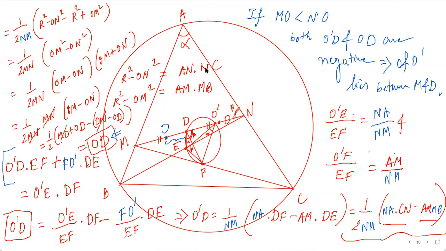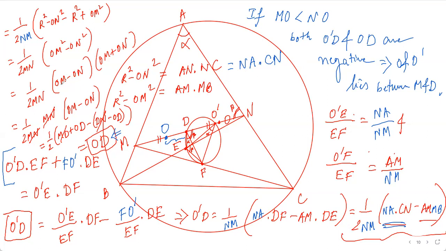Now this AN times NC can also be written as NA times CN, right? Considering the positive direction, NA times CN I have here, and AM times MB I already have it here.